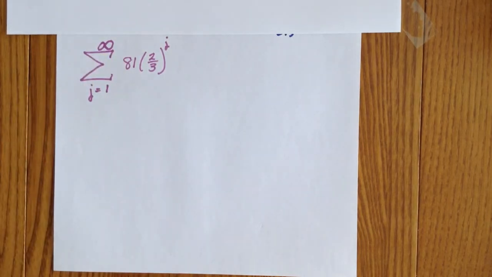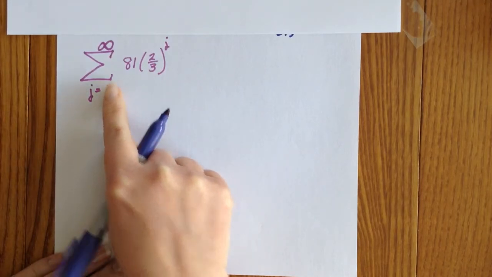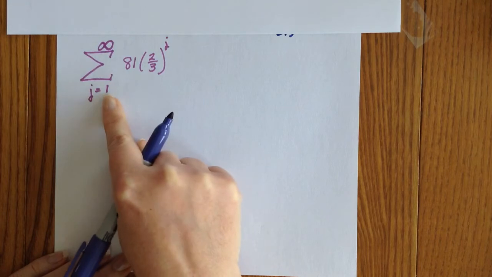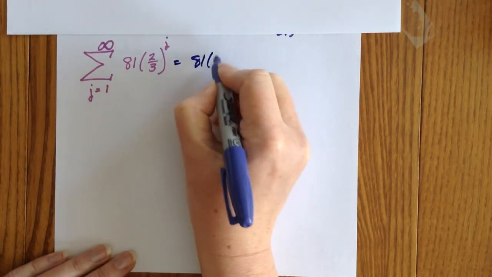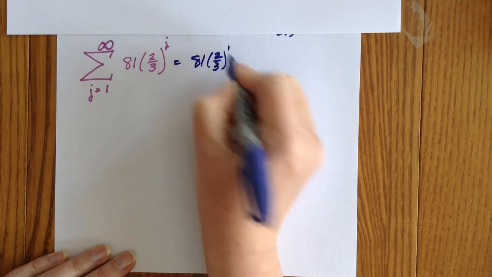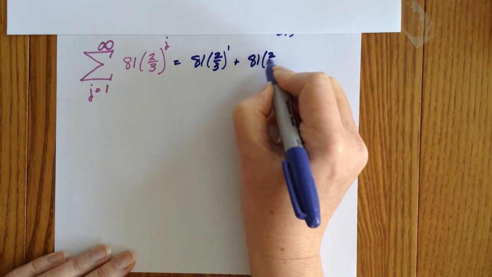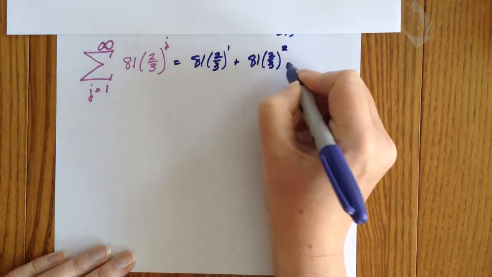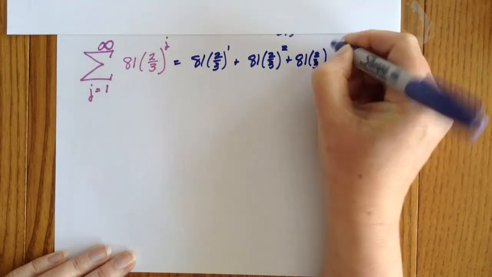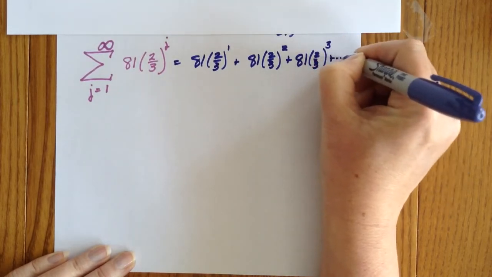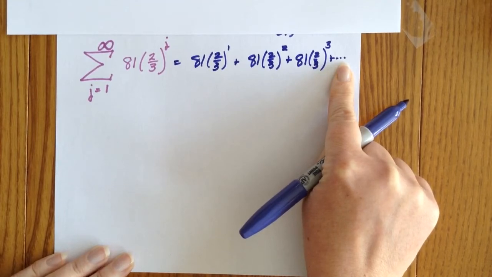All right, so let's look at our sequence here. I'm not going to fill them all in because you'd be here forever. I'm going to start by filling in the 1. So the first term would be 81 times 2/3 to the first, adding the next term, 81 times 2/3 squared, plus 81 times 2/3 cubed, and so on infinitely.